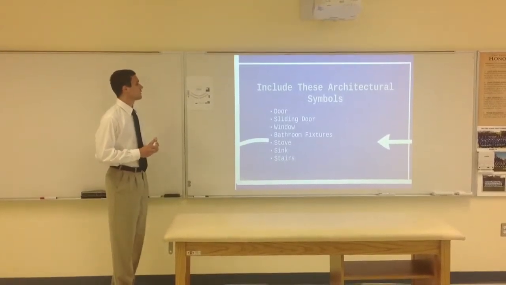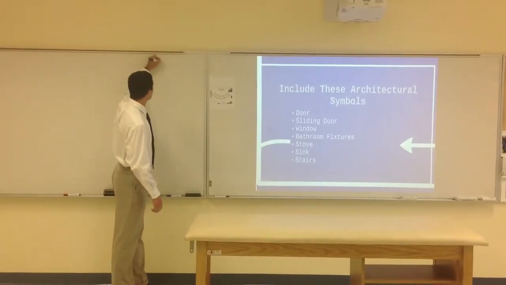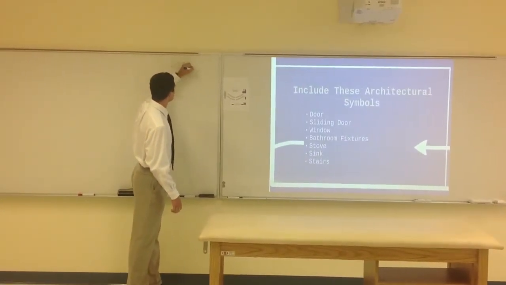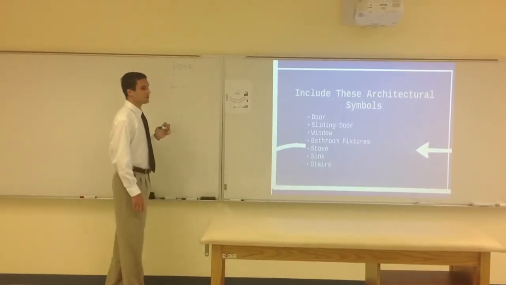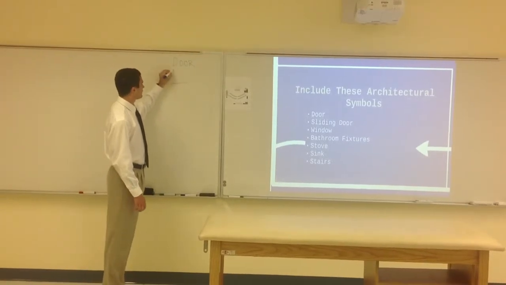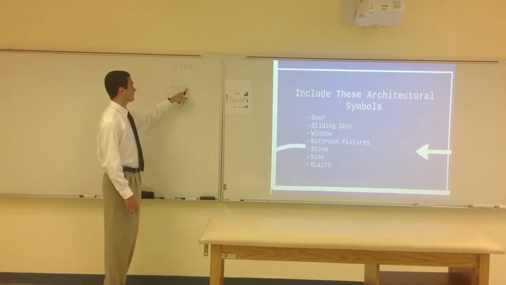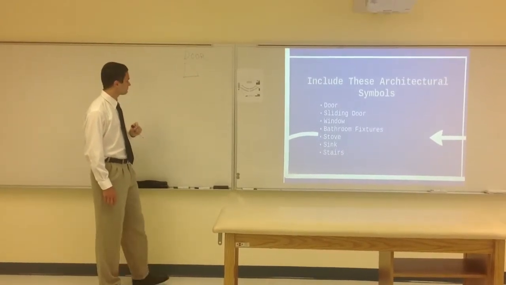So, when you draw your door, the door should look like this. You'll have a right angle, 90 degrees, and you're going to have an arc between the tips of the 90-degree angle.